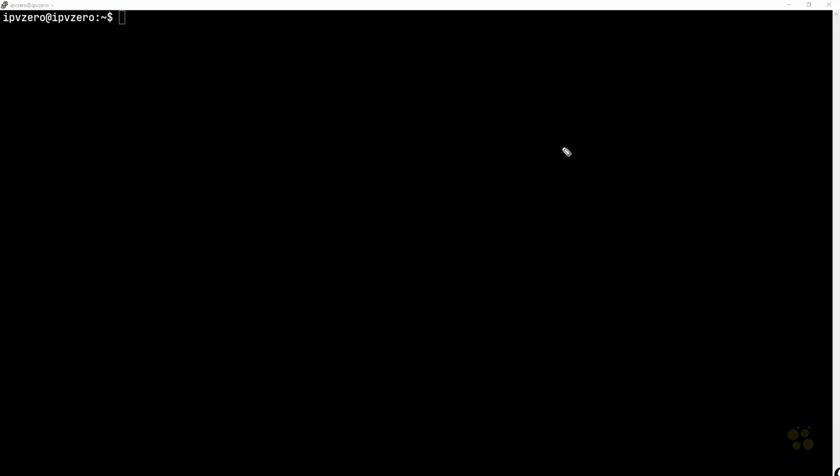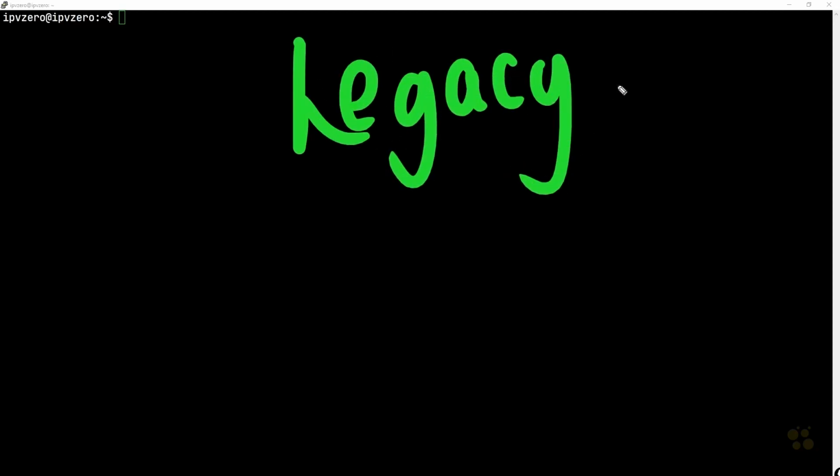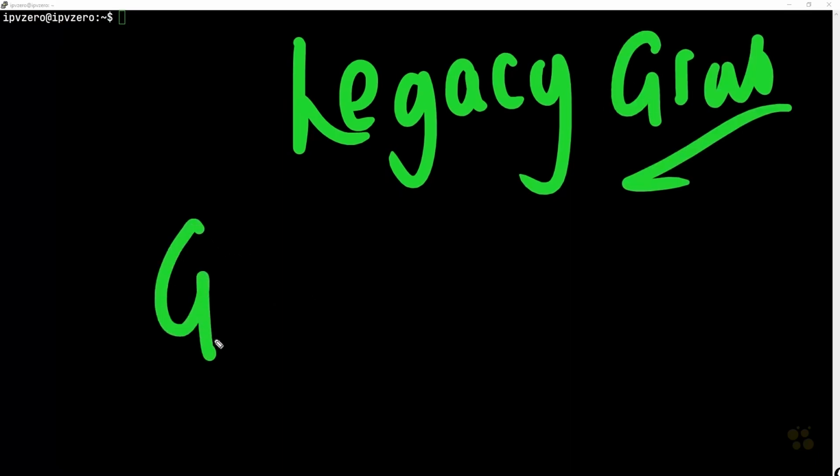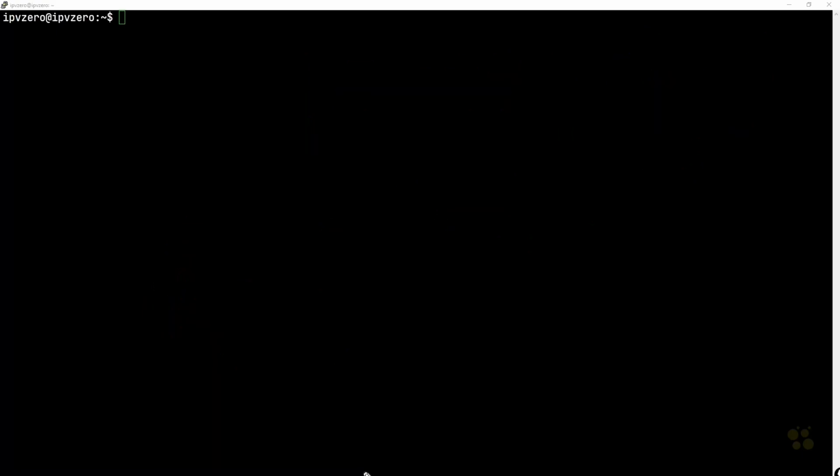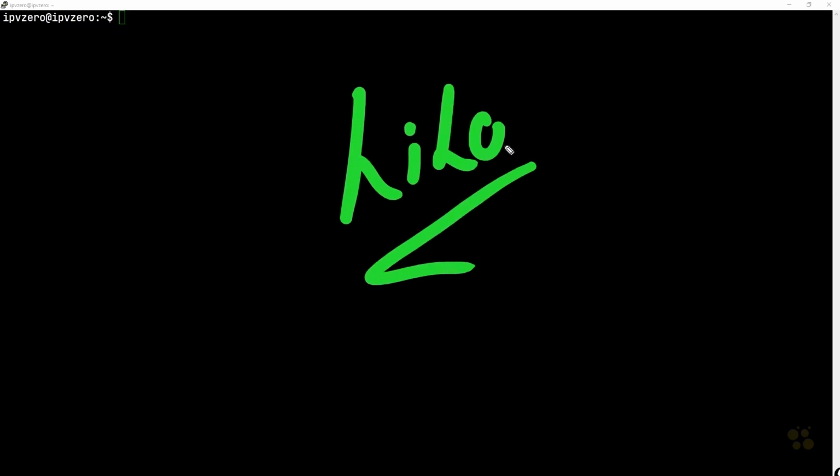So Grub, otherwise known as Legacy Grub, since it has been ultimately replaced. This stands for the Grand Unified Bootloader, GRUB. Now, the Grub bootloader ultimately replaced older systems such as Lilo, which we will talk about very shortly.